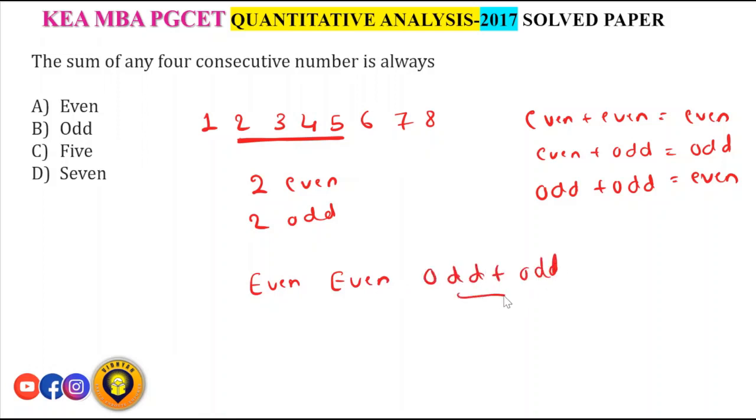Odd plus odd will become even, and even plus even plus even, you will get even numbers only. Two odd numbers will give you an even number, and the sum of all even numbers will be an even number only. So the answer is option A, even.